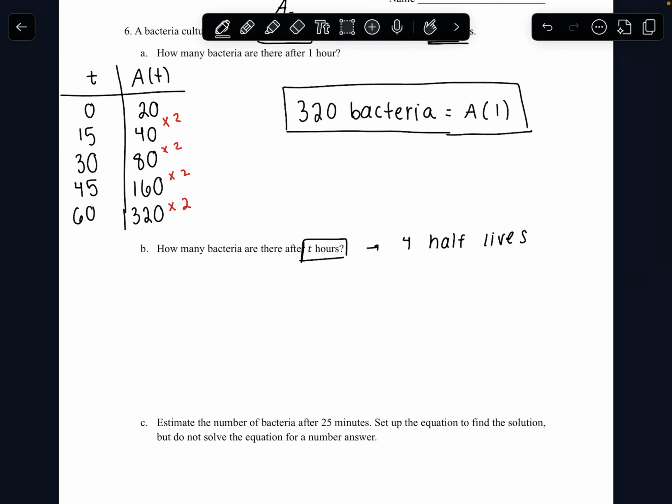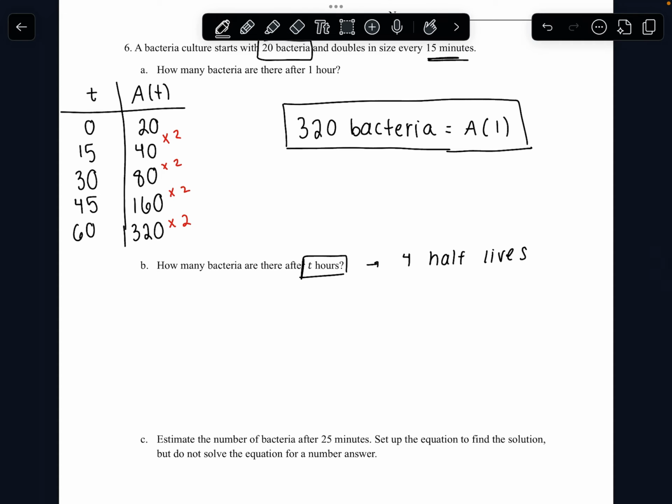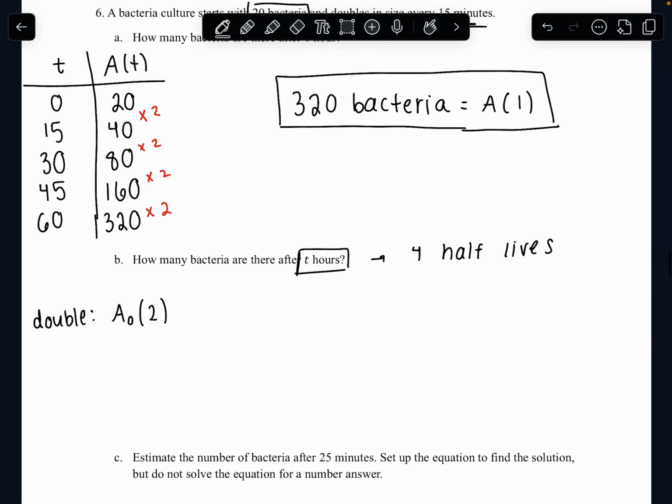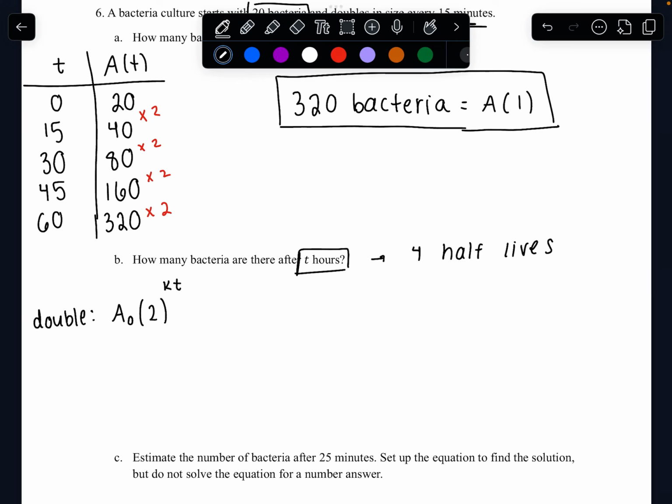Okay, so the amount equation for doubling is initial times 2 to the K times T. K is the number of half-lives that occur given the unit of time you're in.